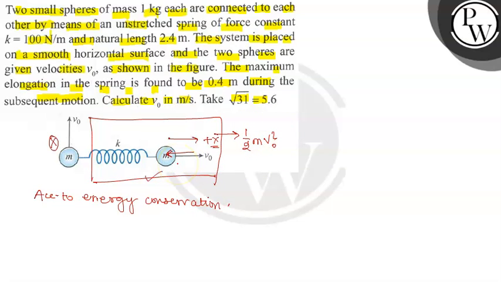And if it returns back to its original position, it will again lose that energy, half m v naught square, and both are in opposite direction, so we will have both as a sum.